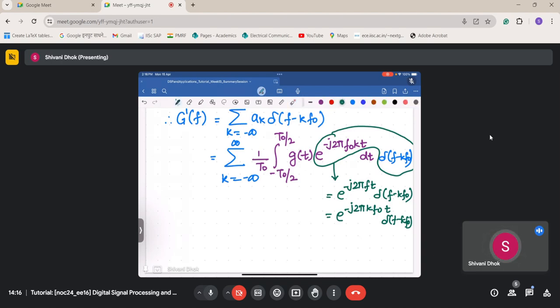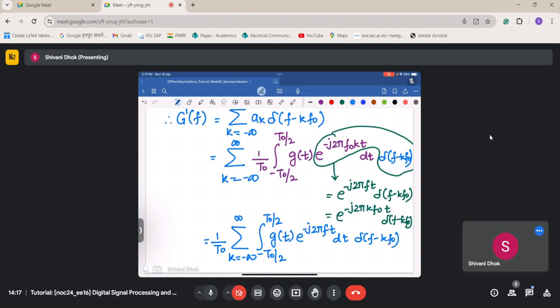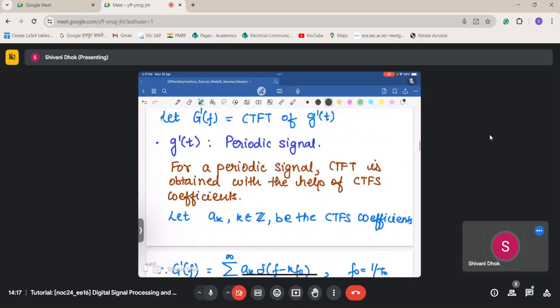Okay, so therefore I can take this 1 by T naught outside. So 1 by T naught summation k running from minus infinity to infinity integral minus T naught by 2 to T naught by 2 g(t) into e power minus j 2 pi f t dt into delta f minus k times f naught. Now look at this green highlighted part, and observe this thing here.